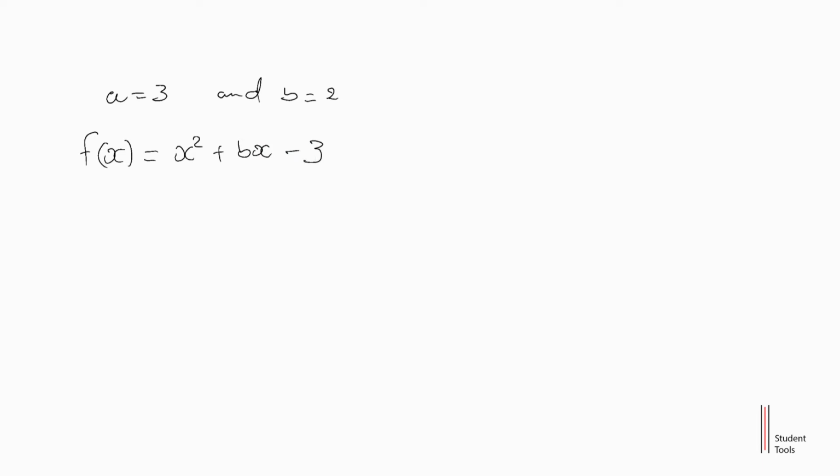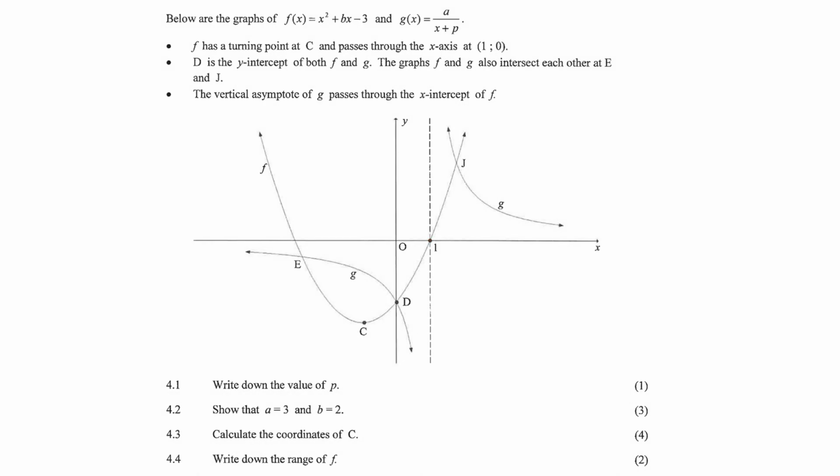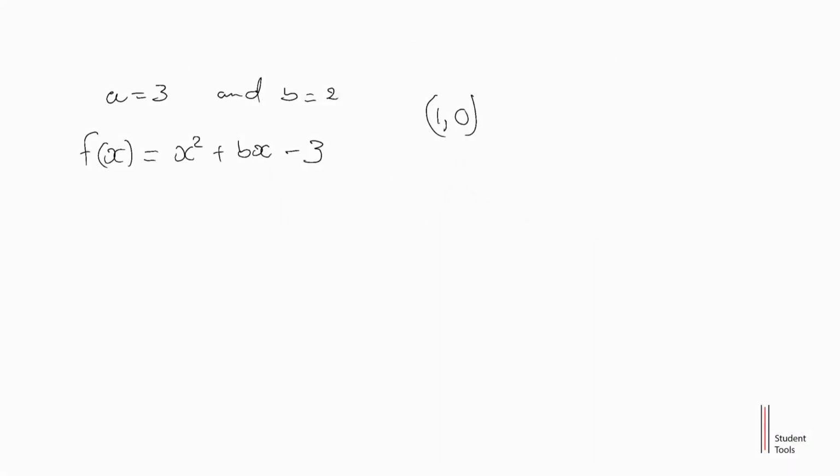So the graph of f of x has one coordinate, and that one coordinate we can use to get the value of b. That one coordinate we have on the graph is (1, 0), which is the x-intercept, the only one that we know. So we can use this x-intercept to get the value of b. And how will we do that?